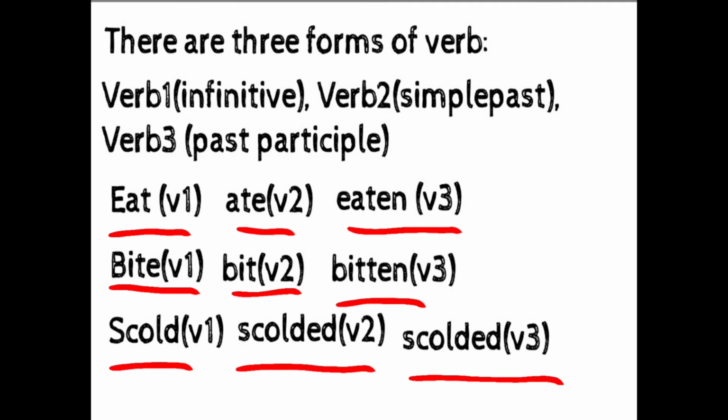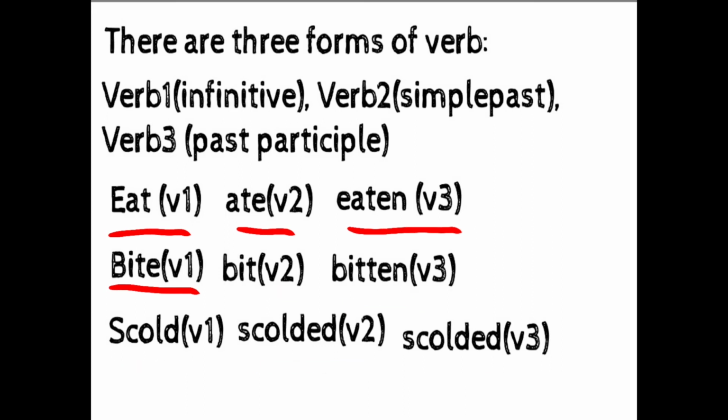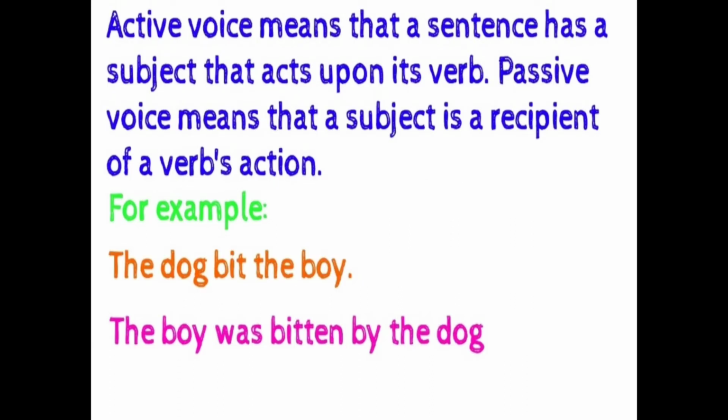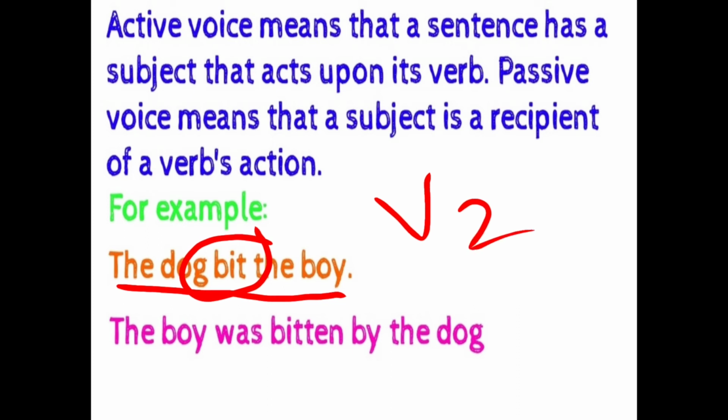Sometimes the verb 2 and verb 3 remain unchanged. So let's look at the previous example. Here the dog beat the boy. Okay, in this active voice the verb beat is verb 2. So when we change it into passive voice, it becomes bitten, verb 3.